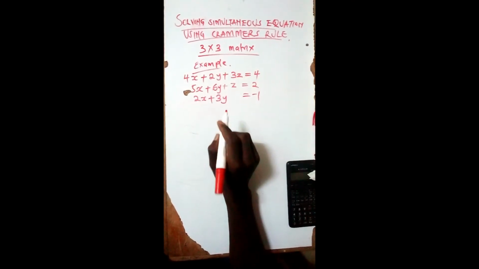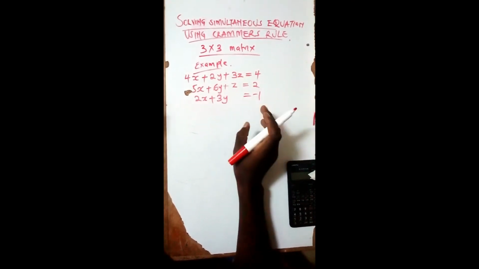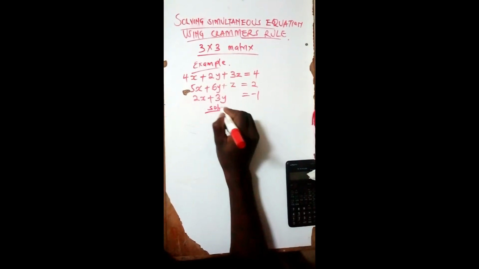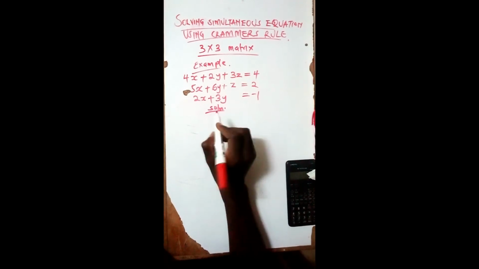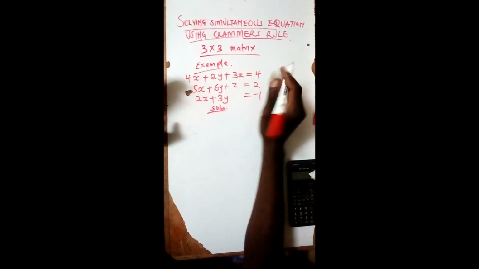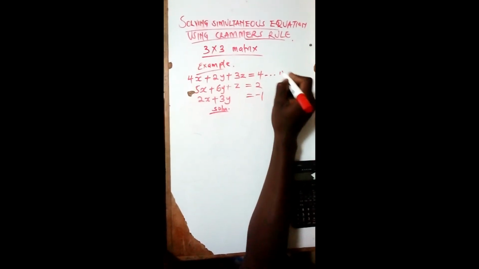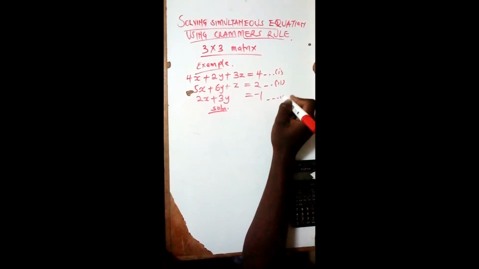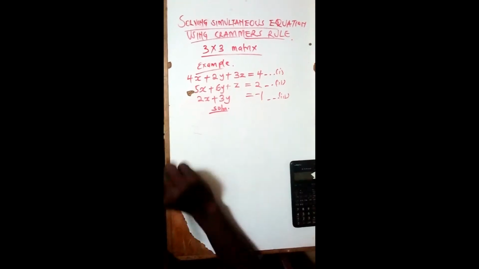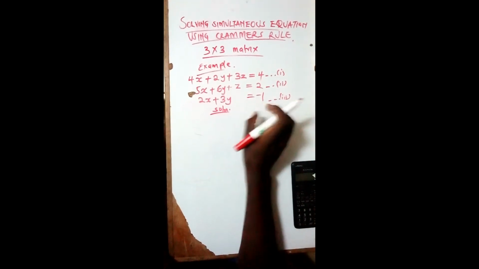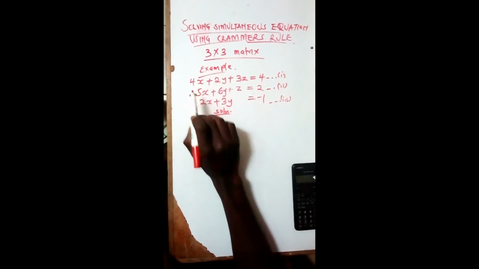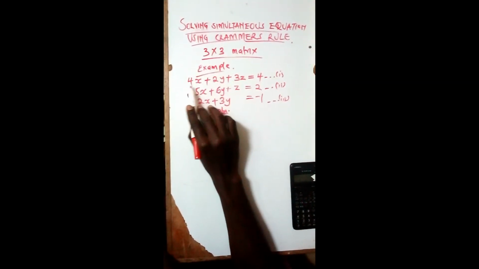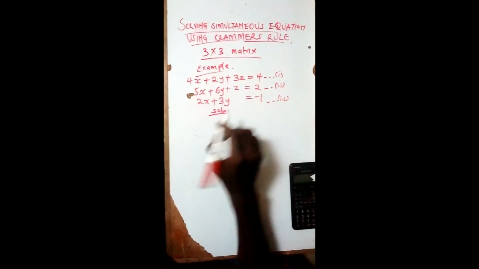First of all, we have to form our solution. First we have to form a matrix using these three equations. This is equation 1, this is equation 2, and this is equation 3. To form a matrix, we take the coefficients from each and every equation.